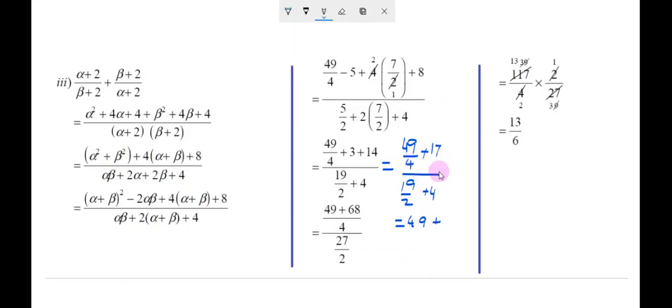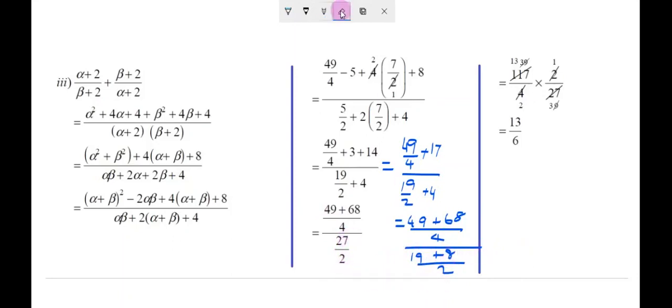So 17 into 4, it is 68 by 4, whole divided by 19 plus, move this 2 there, so 8 by 2, so that we may get 49 plus 68 by 4 divided by 19 plus 8, it is 27 by 2.